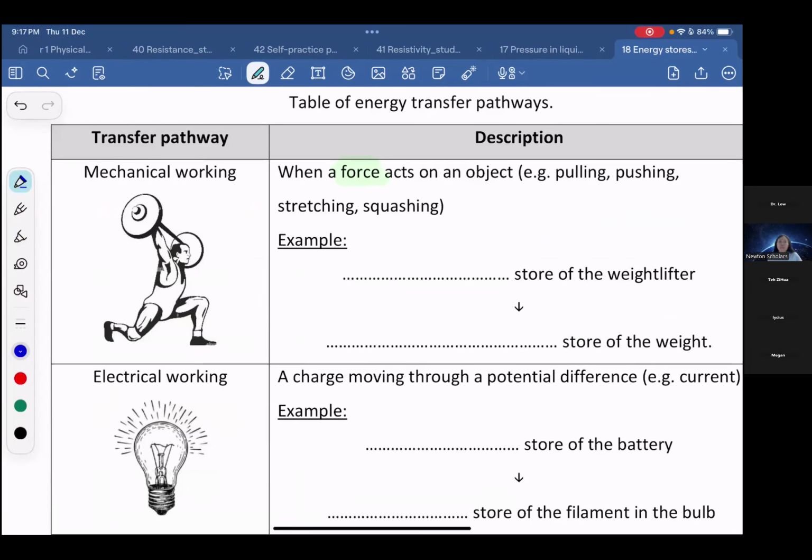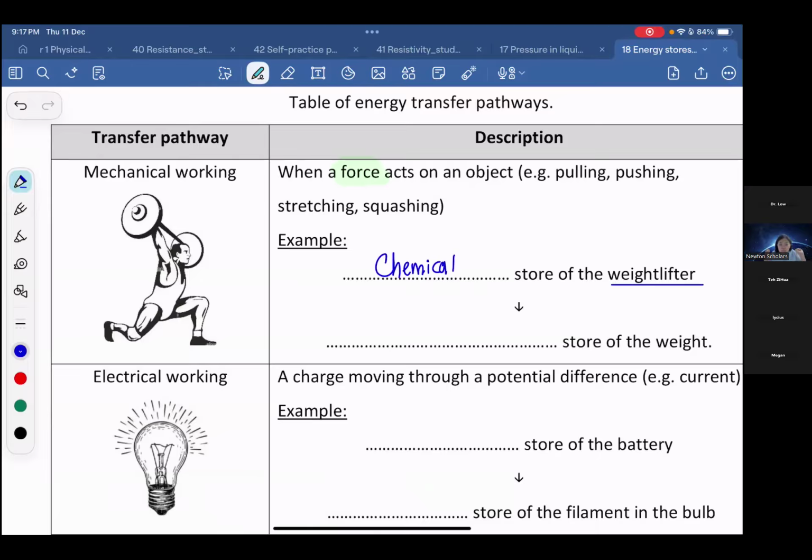Transfer pathway is mechanical. So for example, the weightlifter: what kind of energy is stored inside the body? Chemical. Chemical store inside the body.